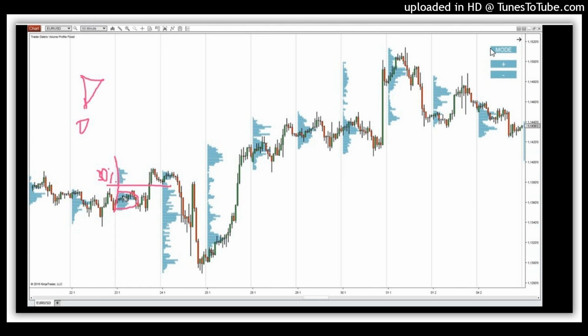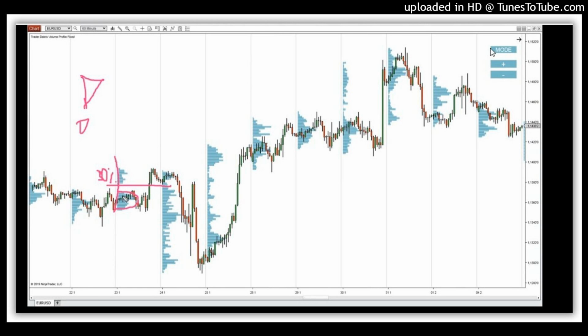There was a D-shaped profile in here, and after that the price was shifting upwards with a P-shaped profile, a sign of buyers, and afterwards a sort of B-shaped profile, but the price is closing somewhere in the middle of this area, so it's sort of hard to tell.